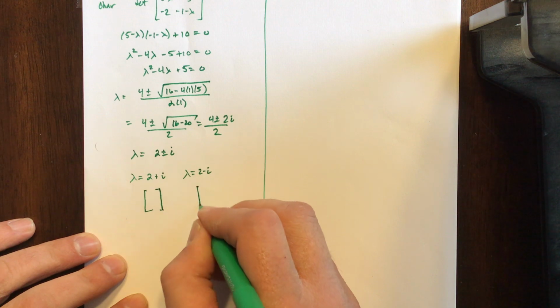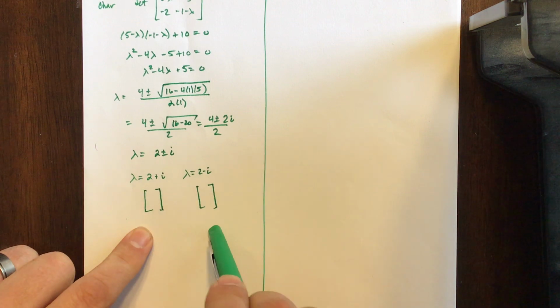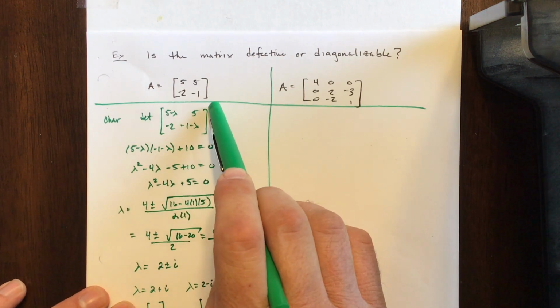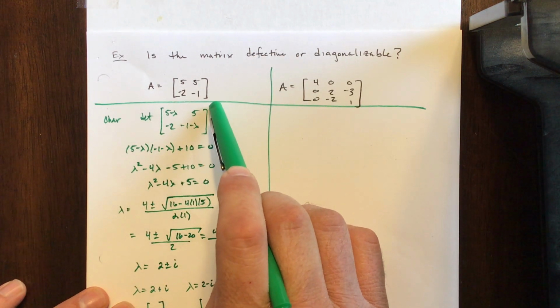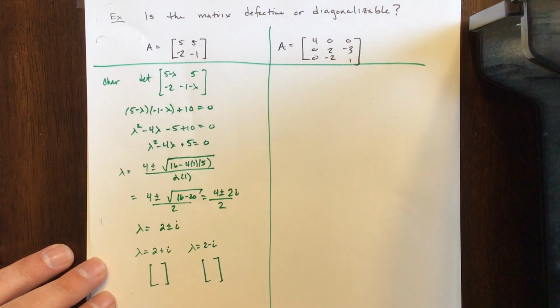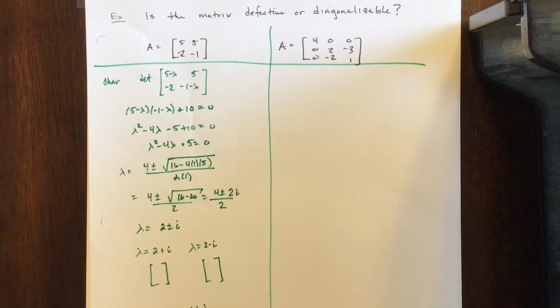I actually don't even need to find that eigenvector because using my theorem that says distinct eigenvalues have linearly independent eigenvectors, I have two distinct linearly independent eigenvectors for a 2 by 2 matrix, so I have a complete set of eigenvectors. Therefore, this is going to be diagonalizable. And that's all I need to do.